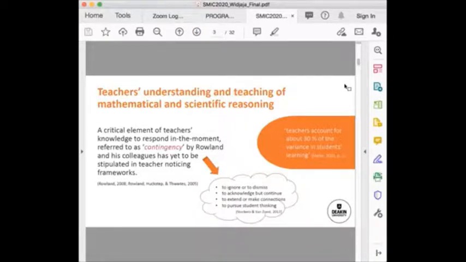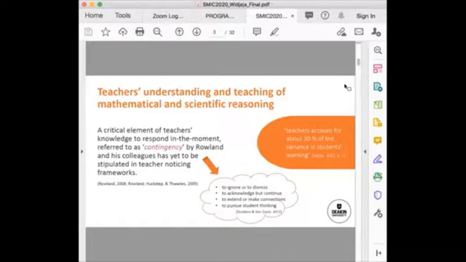So, the first quote was from John Hattie. John Hattie, as you know, is an expert in assessment, and he did a meta-analysis of what are the factors in teachers' practice that account for the variance that are impactful in students' learning, basically that make a difference in student learning outcomes.